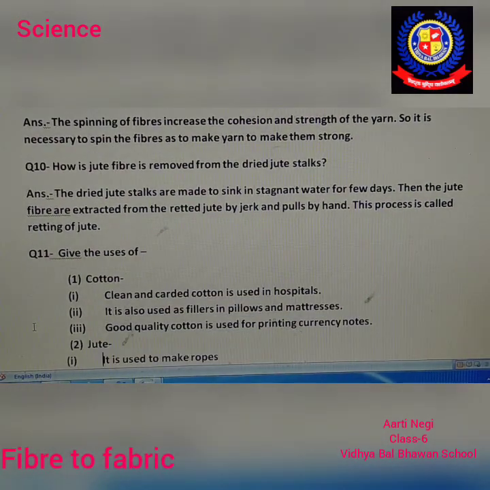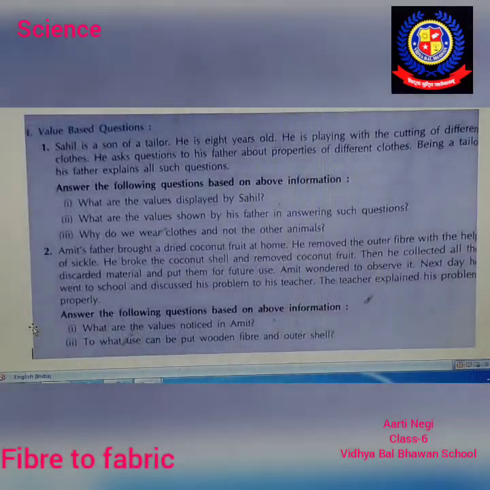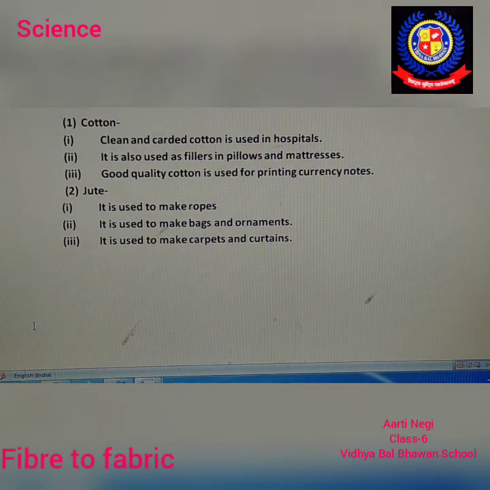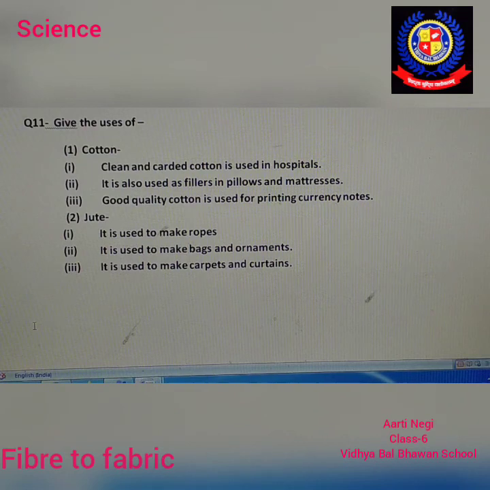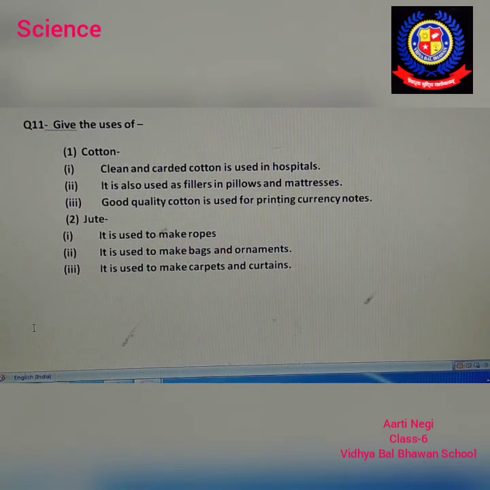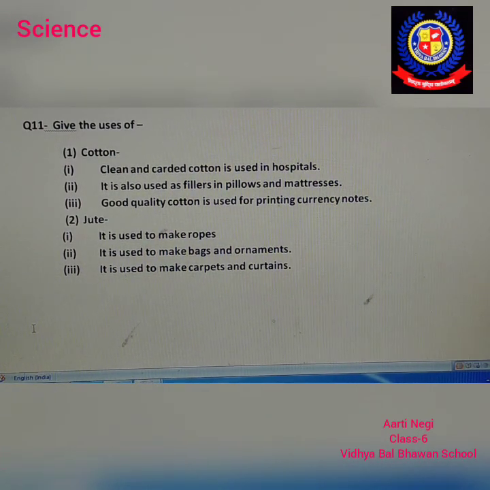Okay, now come to the next question. Here you have to write down the uses of cotton and jute. So the uses of cotton are: number 1, clean and carded cotton is used in hospitals. Second, it is also used as filler, means to fill in pillows and mattresses.